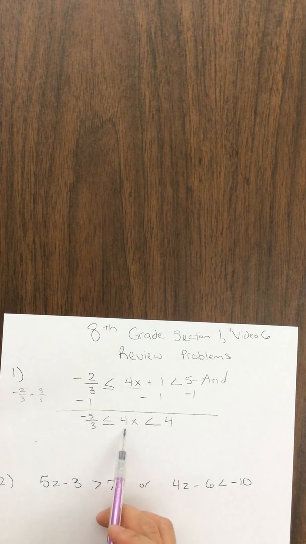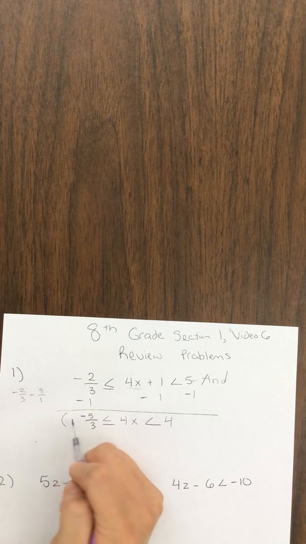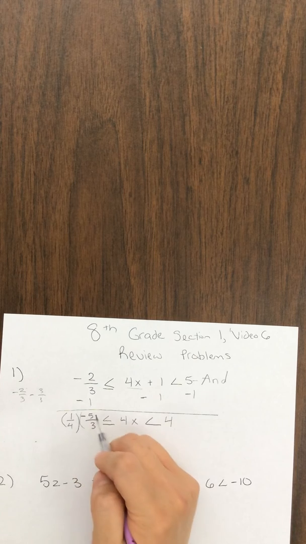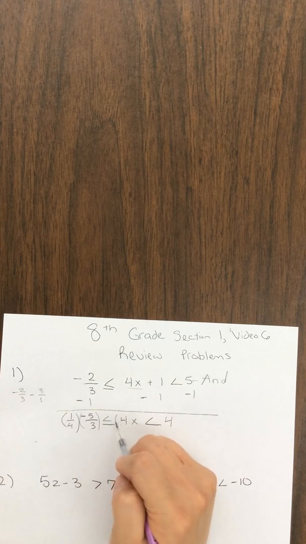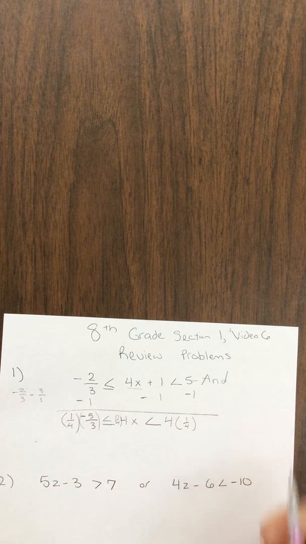So dividing everything by 4 is the same as multiplying everything by the reciprocal, which is 1/4. So I'm going to multiply everything by 1/4. Multiply this by 1/4, then multiply this by 1/4.